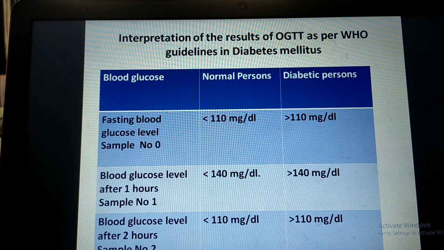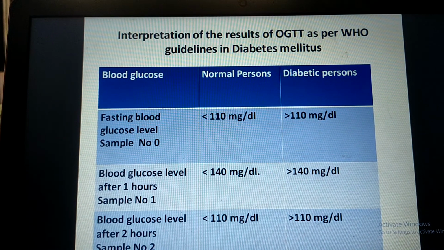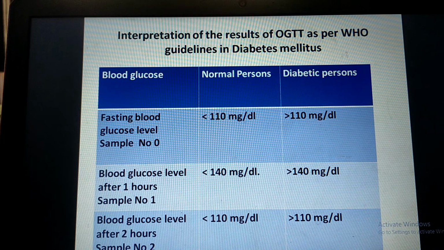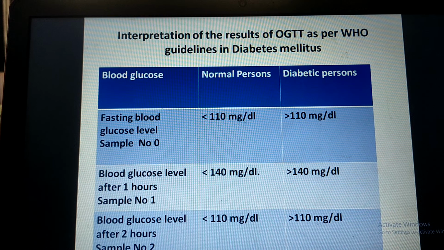Now come to the interpretation. In case of blood sample, when the blood glucose level is less than 110 mg%, then it is normal. If blood glucose level is above 110, it may be diabetic. The 1 hour glucose sample is important, that is sample number 1. If blood glucose level is less than 140 mg per deciliter, then it is a normal person.